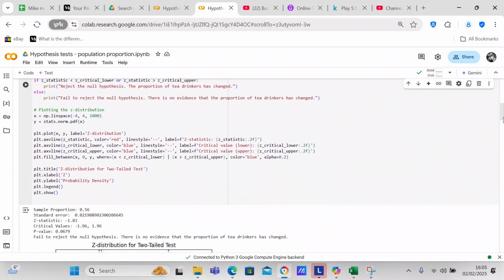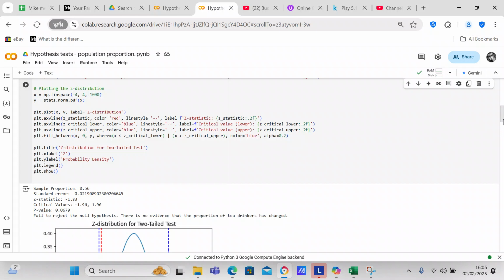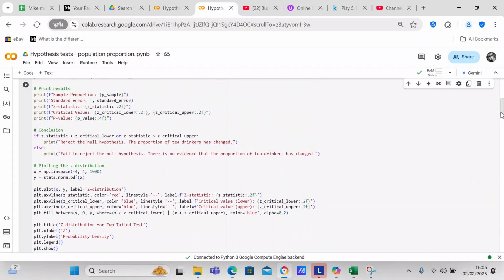The only one I didn't give you was the p-value, which is 0.0679. If you were focusing on just the p-value, then 0.0679 means that you would fail to reject the null hypothesis because it's higher than 0.05.